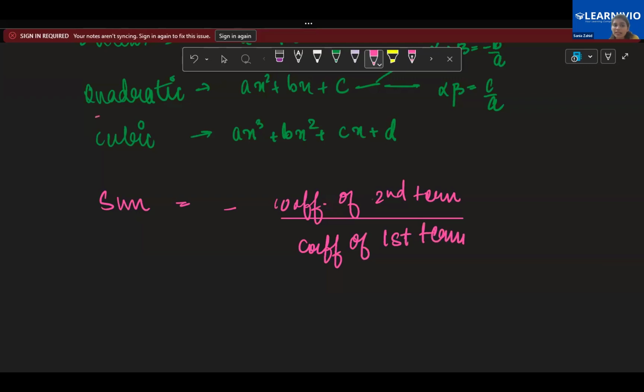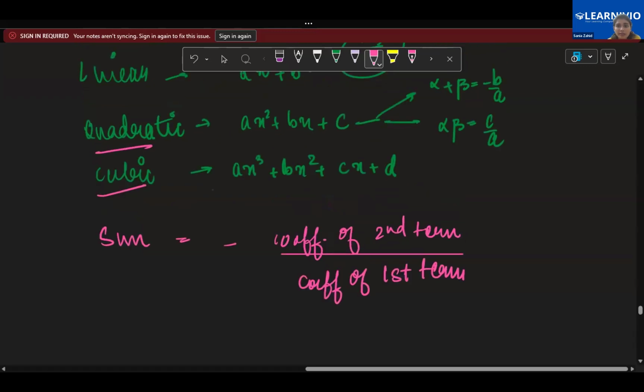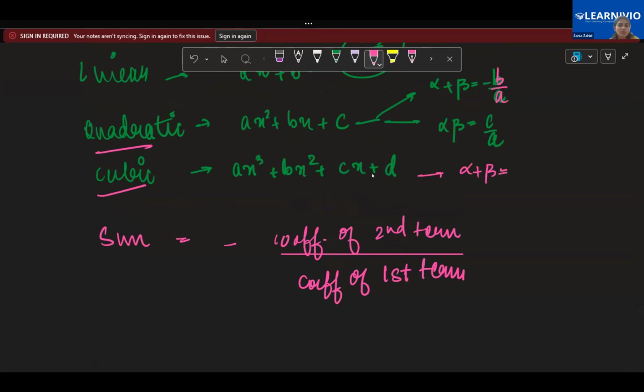Now this is valid for quadratic as well as cubic. For quadratic, it becomes minus b by a, because b is the second term and a is the first term. What does the formula become now for cubic, alpha plus beta? The second term is b, again divided by the first term, that's a, right?